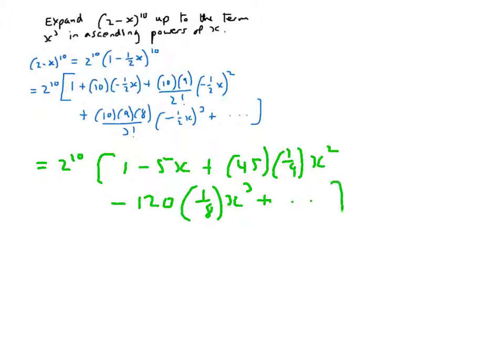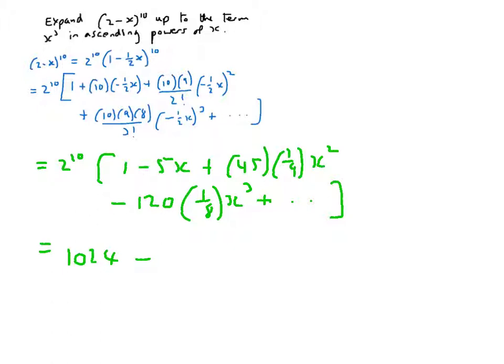And then a final clear up. So 2 to the power of 10, put that in my calculator, is 1024, because remember I'm just timesing this by each of these terms.